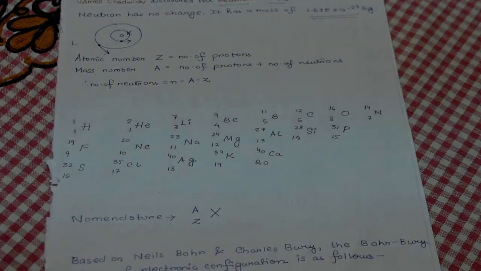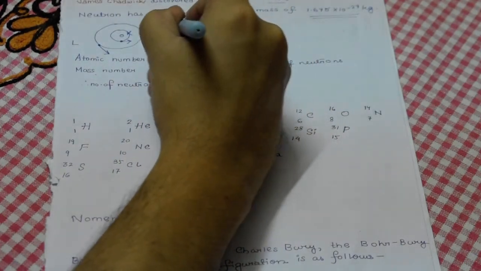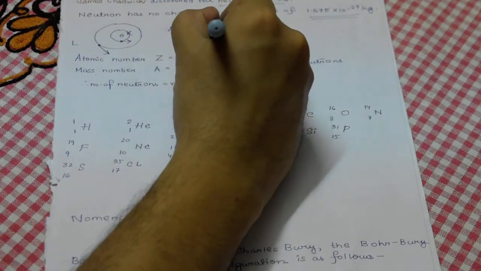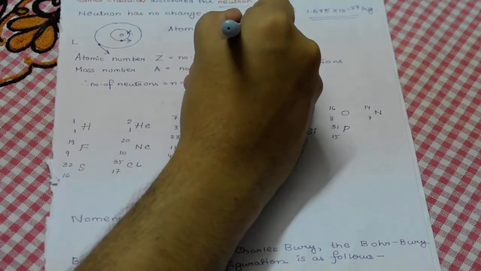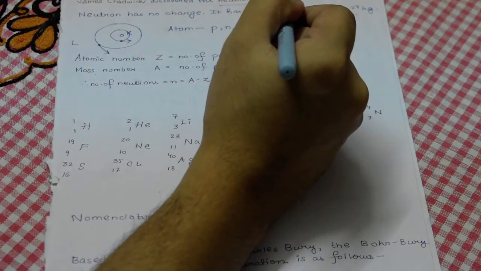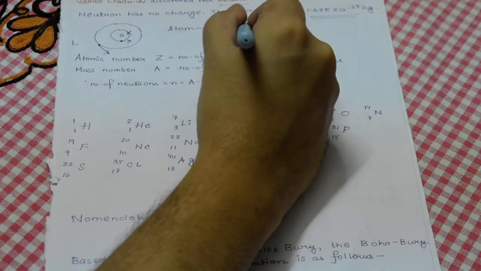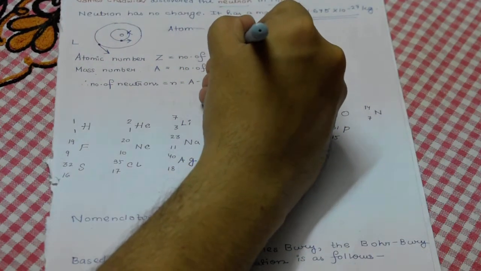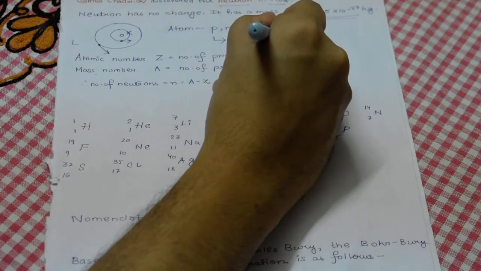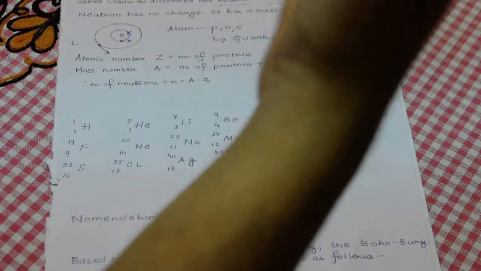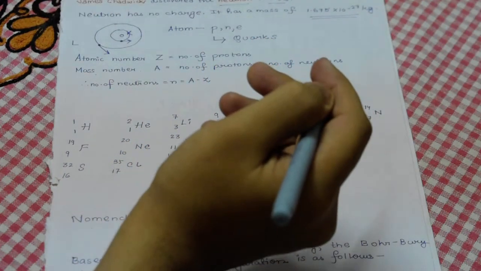Now I was saying the other day that you already know an atom can be divided into protons, neutrons and electrons. But if you go even further, deep inside, you will find that even these protons and neutrons are made up of something called quarks. Quarks are, as of now, the most fundamental particles we know of.